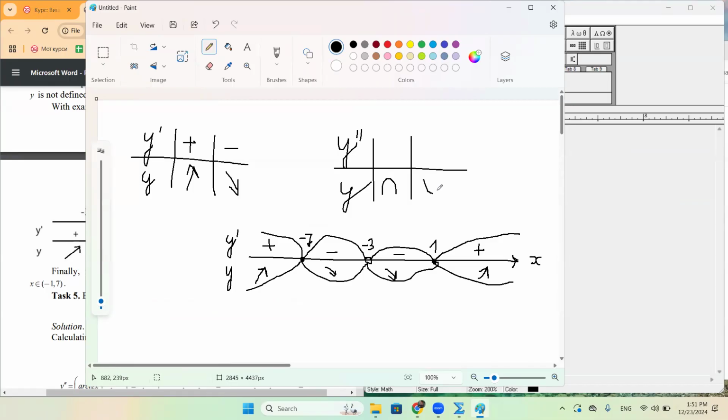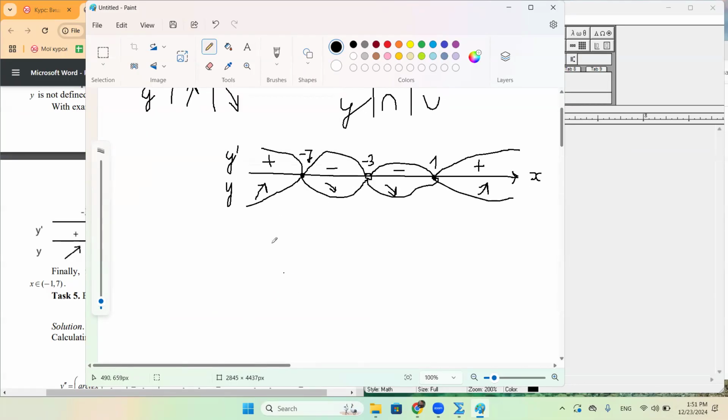So, just to explain the geometrical interpretation: when the function is concave downwards, we can put some liquid here. When upwards, we cannot.